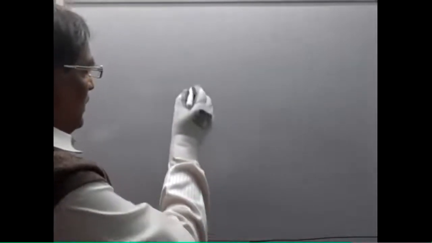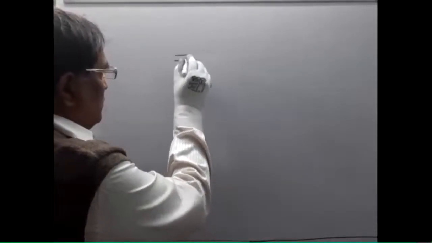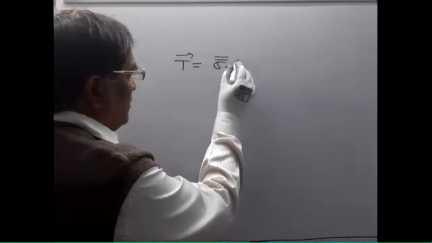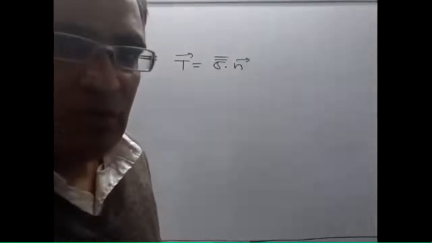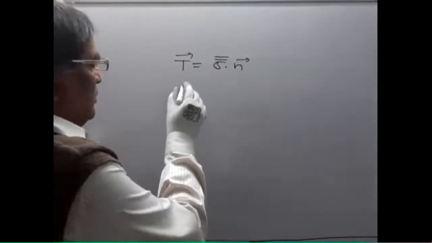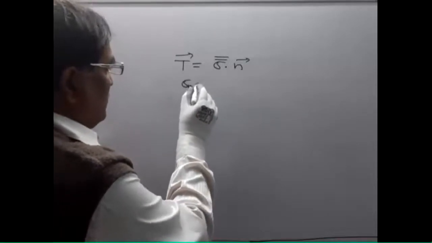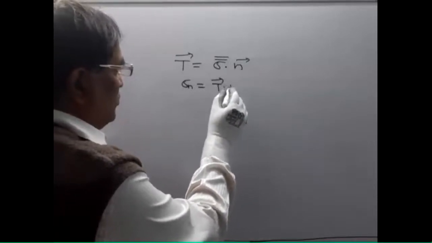So in the last class we discussed how to determine the principal stress using the Cauchy matrix, basically the stress tensor. You know that it is written in this form. Again I am reminding you why I am putting the double bar: because this is a matrix. And also you know that sigma n is nothing but t dot n.